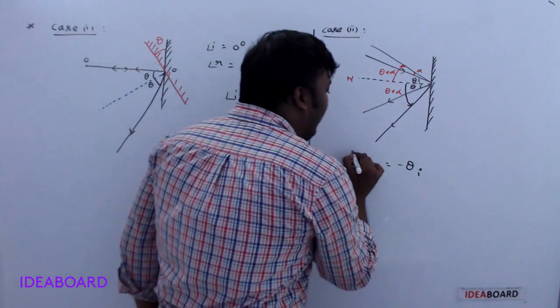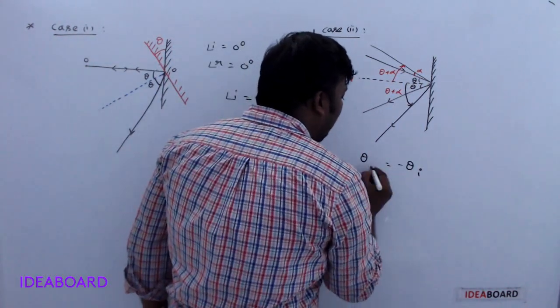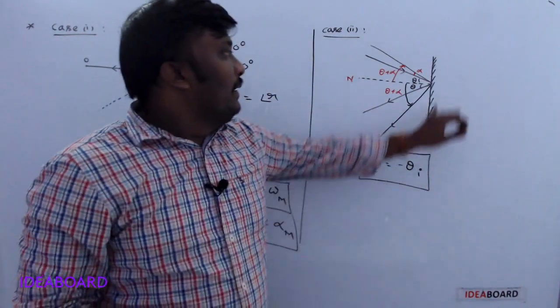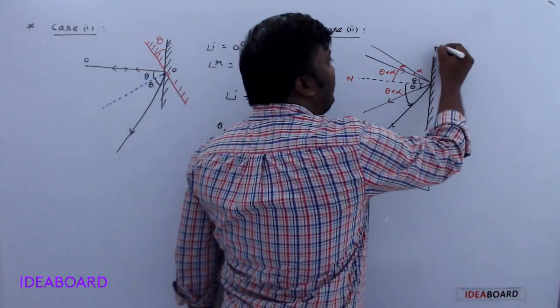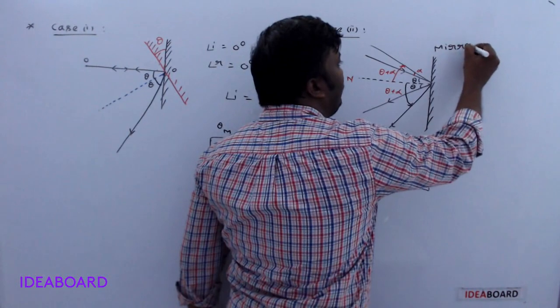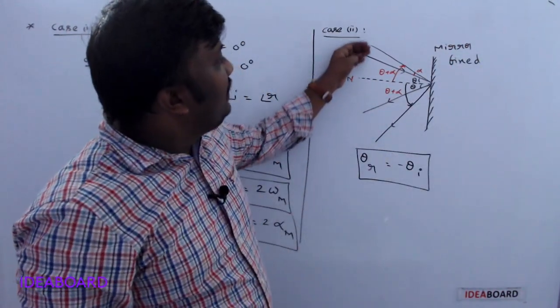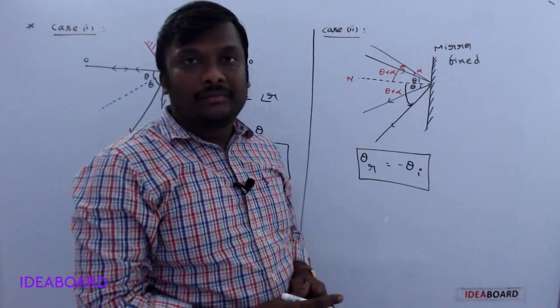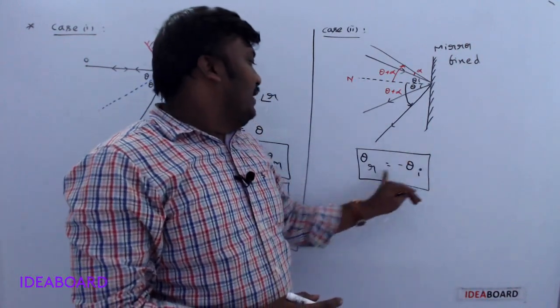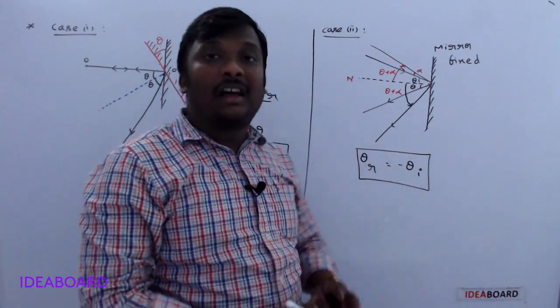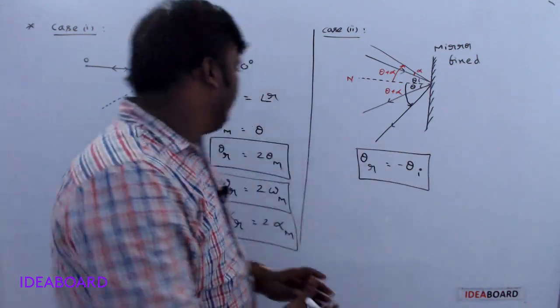So always keep in mind, the mirror is fixed, and if the incident ray increases its angle, then the reflected ray also increases its angle, but in the opposite sense.